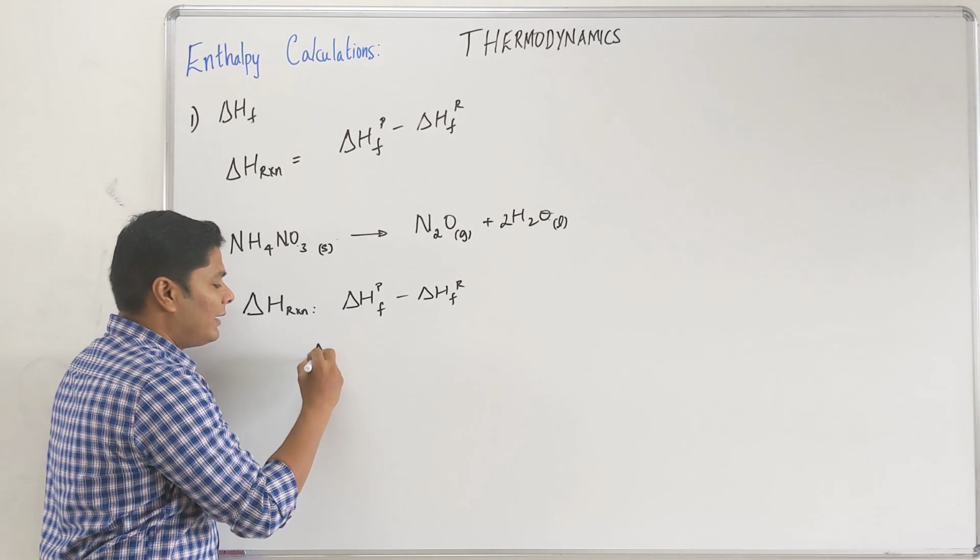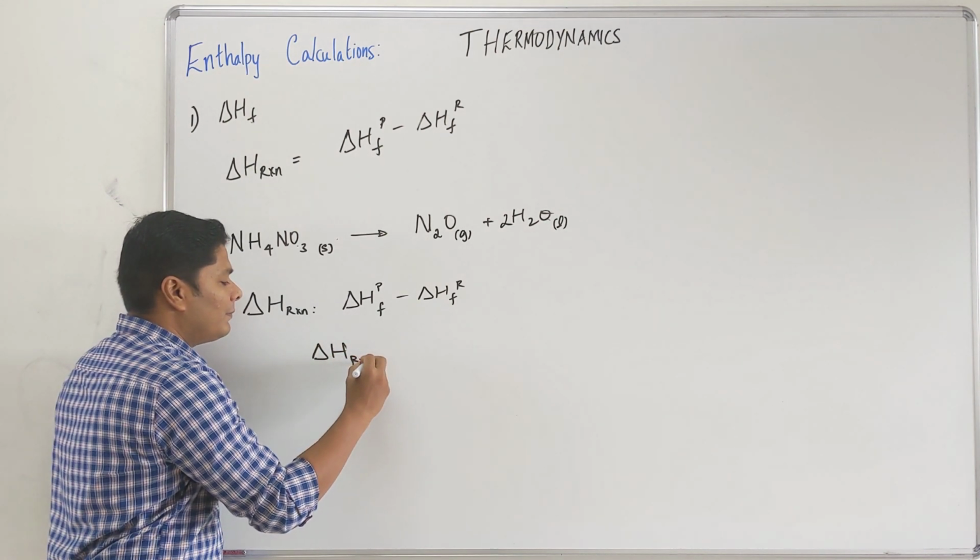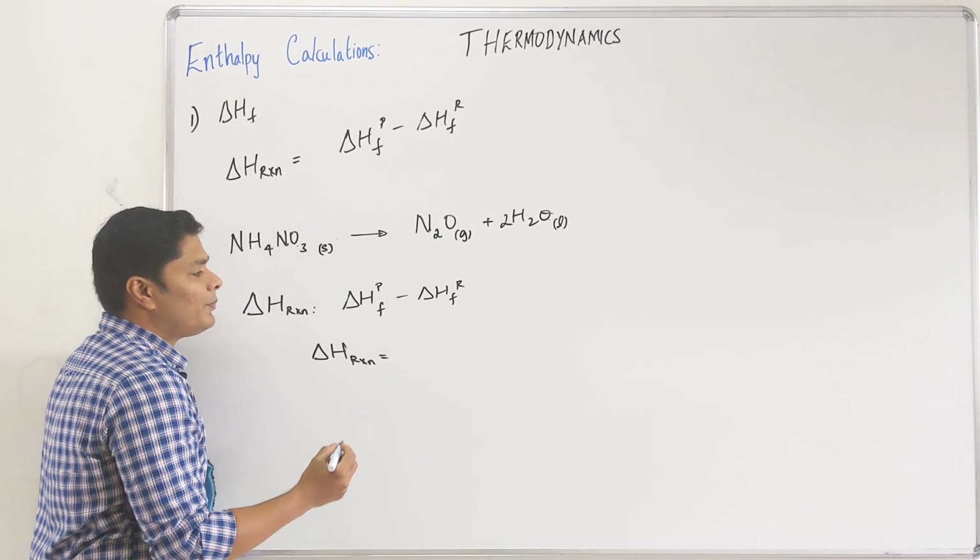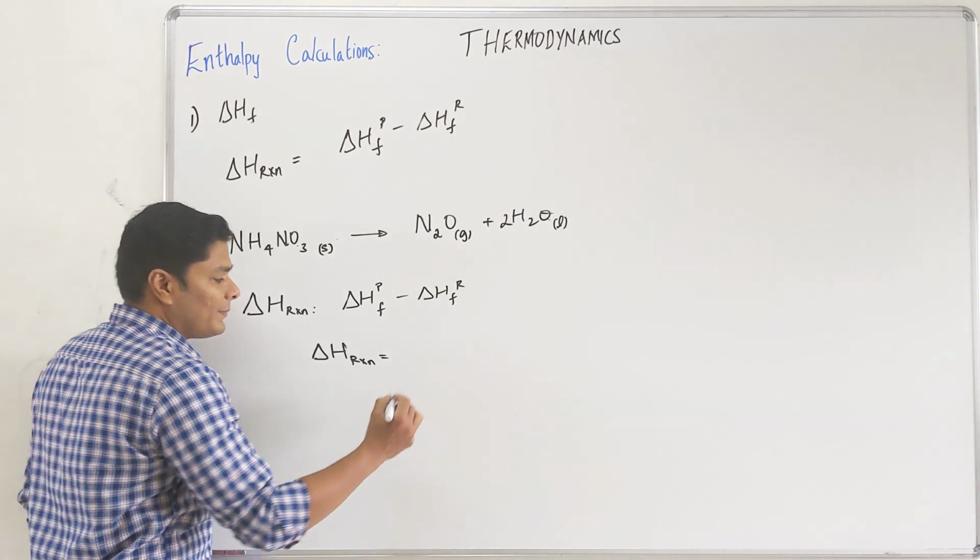Here we can write delta H of reaction equals delta H of formation of products.